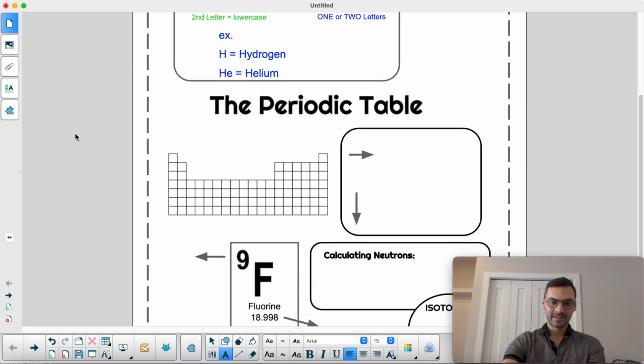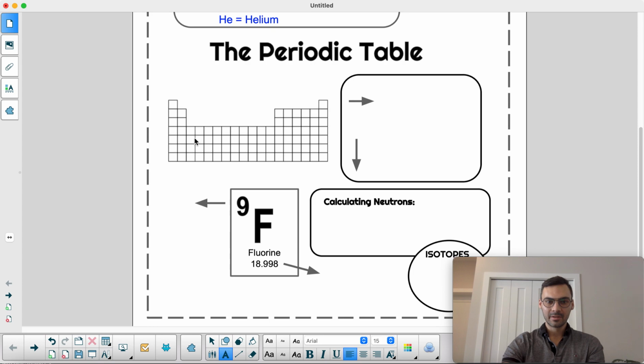Alright, now that you do, we're going to move on to talking about the specific reasons why certain elements are in certain places. And we need to understand the words periods and groups first before we do that.